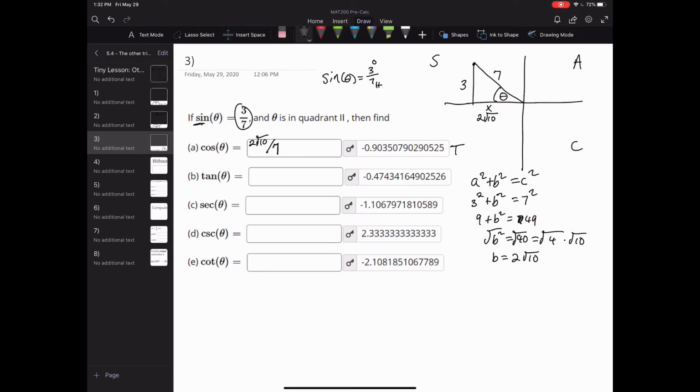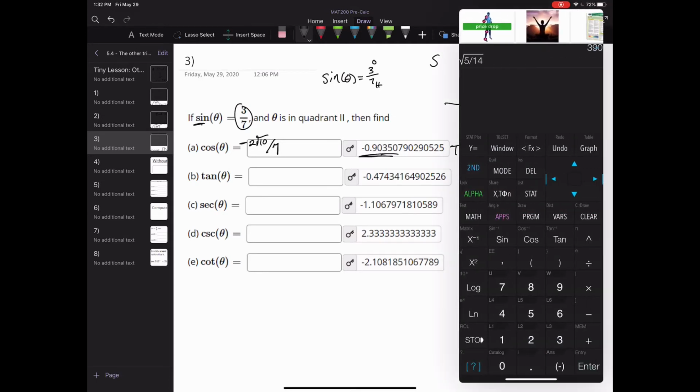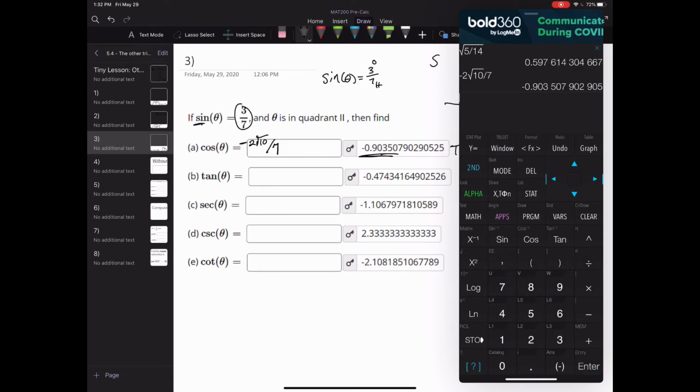We were talking about sine, so it's positive in this quadrant, but cosine is negative in this quadrant, so it should be a negative number. So let's see if we get this nasty looking decimal. Negative 2 square root of 10 divided by 7. Yep, and you get exactly that.